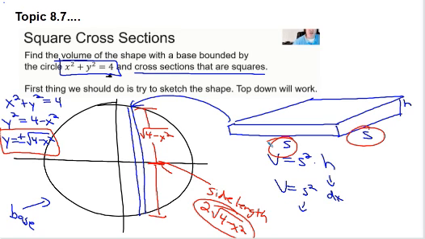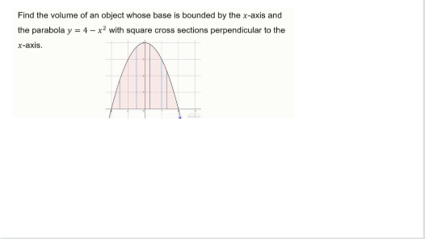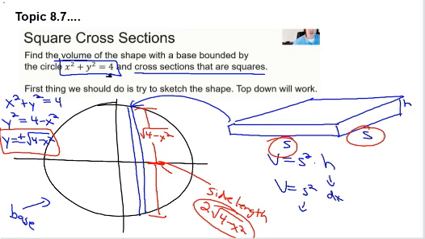And we're adding up an infinite number of Scrabble pieces, which sounds like an integral to me. So this is going to turn into an integral.